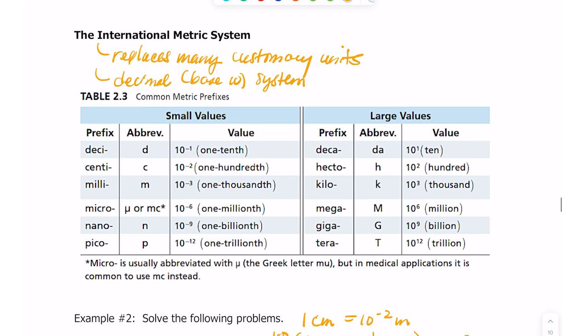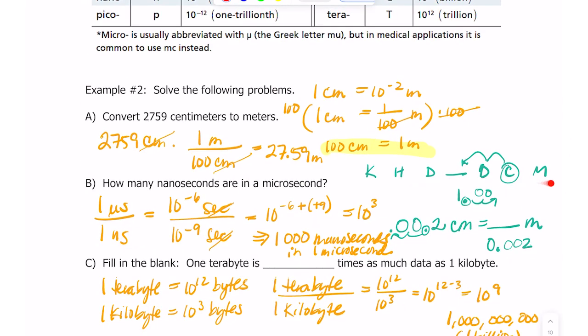You can go back to here and see that kilo means 1,000. You can also use the helpful little tool here: kilo, hecto, deca, and then the unit. So I know that there's 1 kilowatt in 1,000 watts.